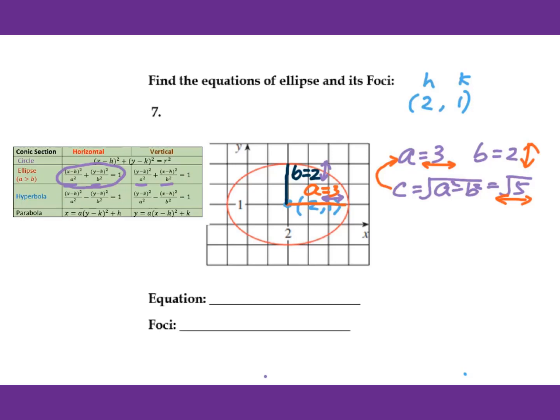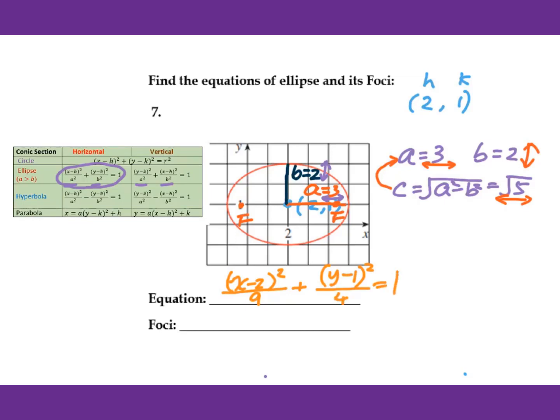Square root of 5 means 2 point something. It will be here. This is F. Now we plug into the equation: (x minus 2) squared over a squared, that's 9, plus (y minus 1) squared over b squared, that's 4, equal to 1.